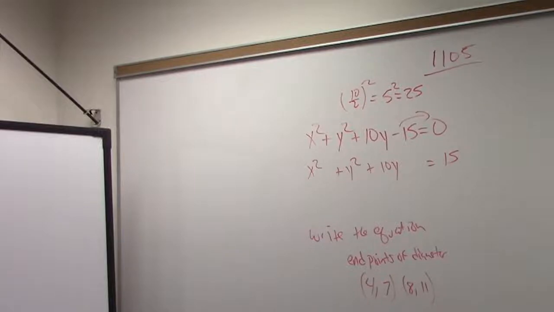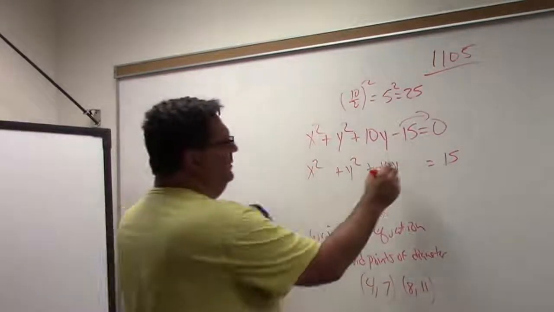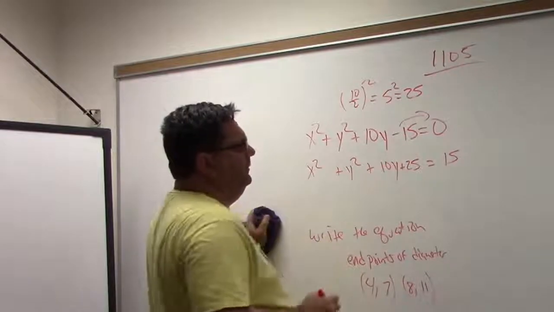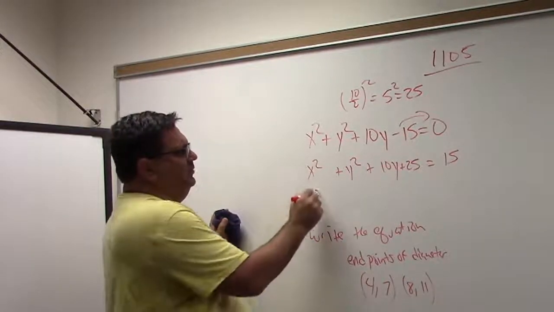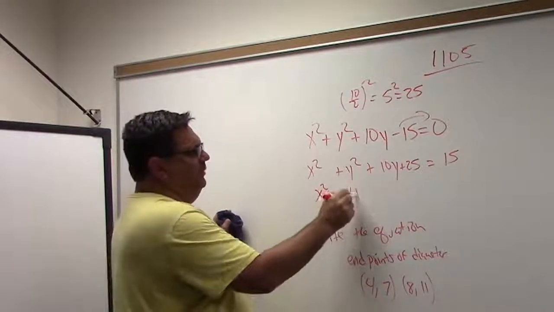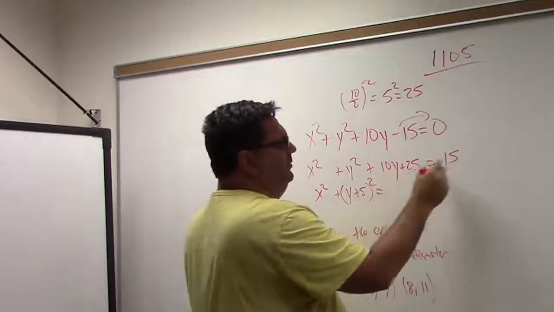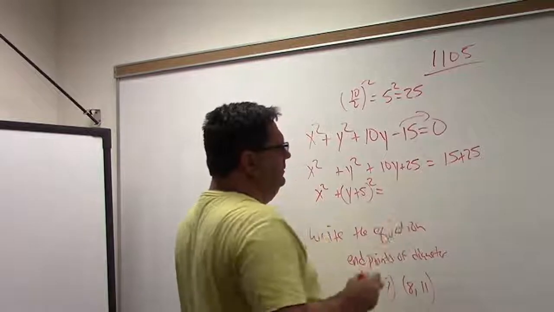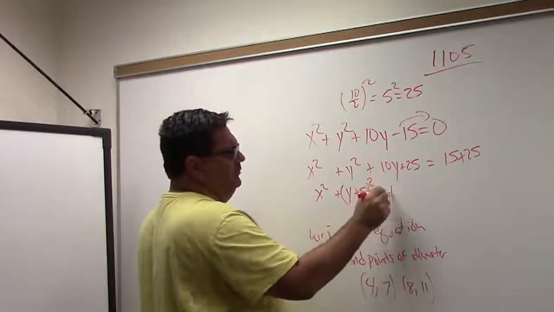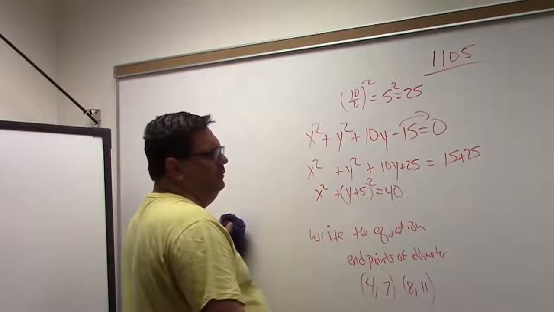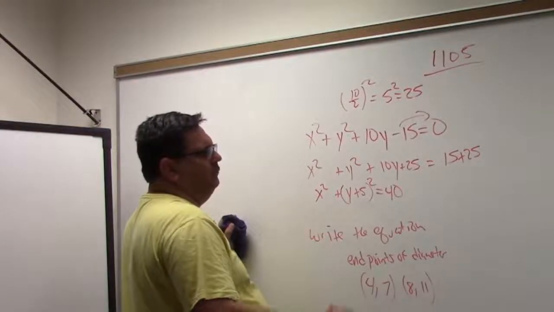So we divide the 10 by 2 and we square it. All right. So that's 25. So this is x squared plus y plus 5 squared. If you add 25 to this side, you must add it to this side. So that makes this piece 40. Why did you just break down the y squared to y plus 5 squared?